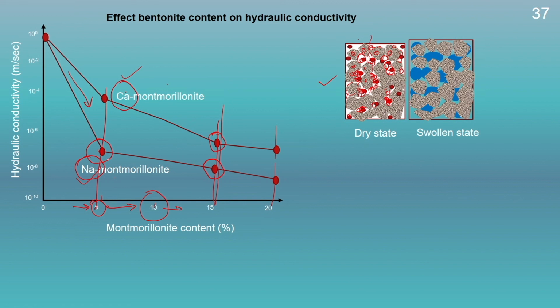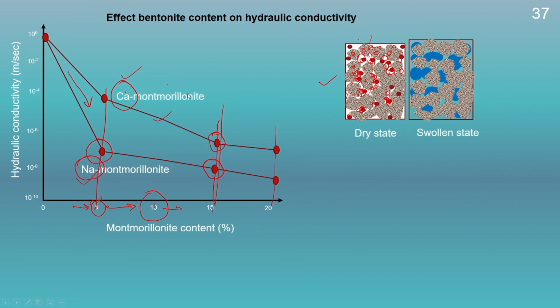Since the swelling ability of sodium montmorillonite is more in comparison to calcium montmorillonite, the sodium montmorillonite can effectively fill this void space even at lower montmorillonite content. Therefore, at low montmorillonite content, the sodium montmorillonite exhibits a lower hydraulic conductivity in comparison to the calcium montmorillonite.